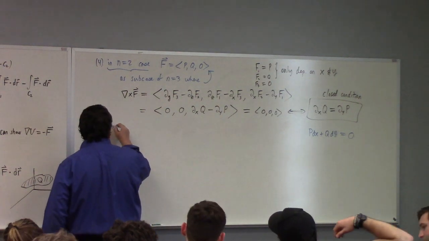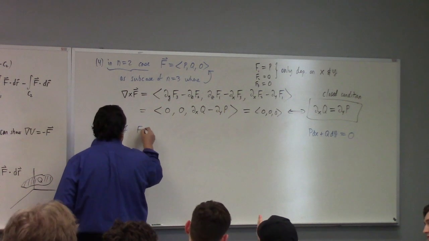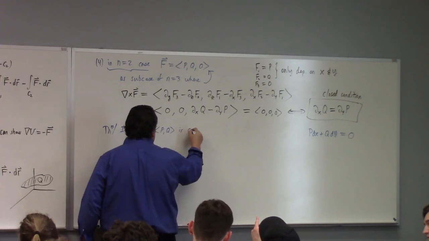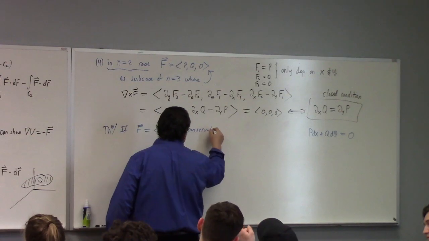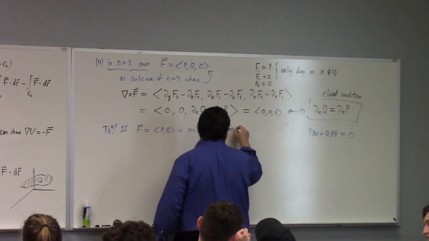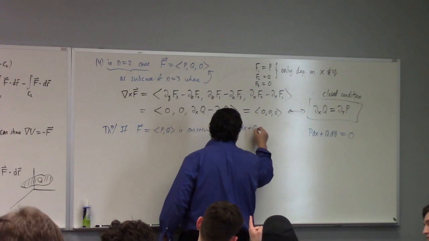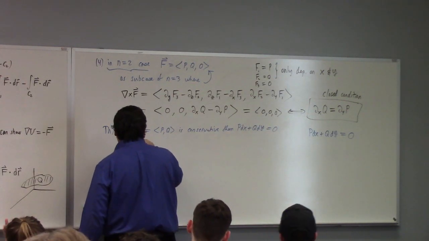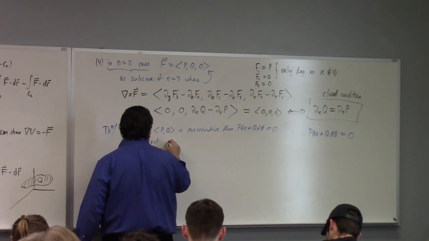So here's a theorem. If f equals p comma q is conservative, then p dx plus q dy equals 0 is an exact equation.